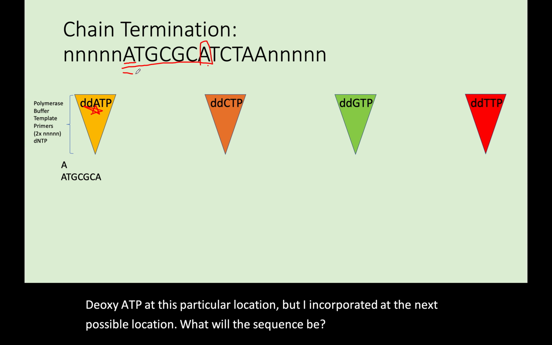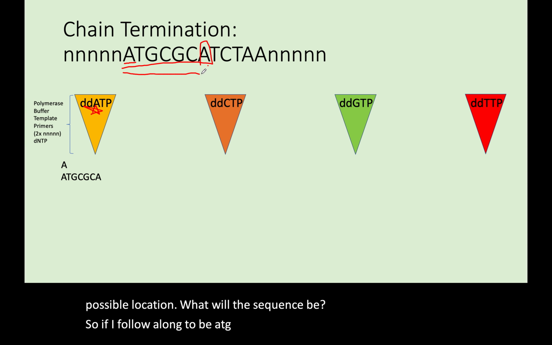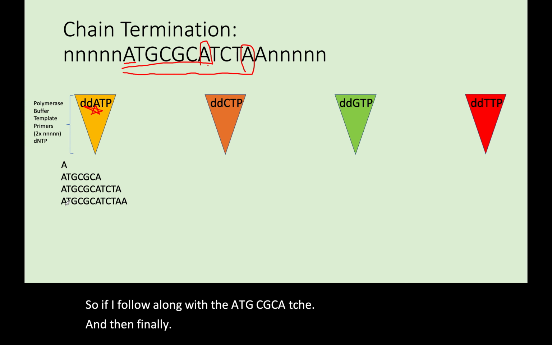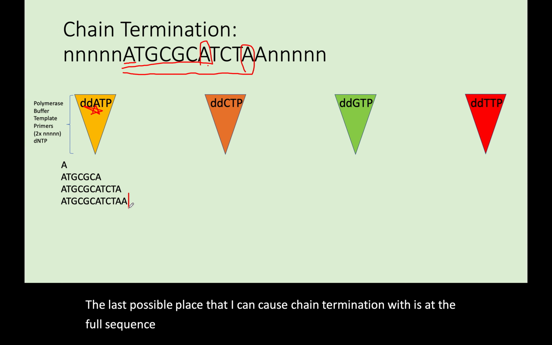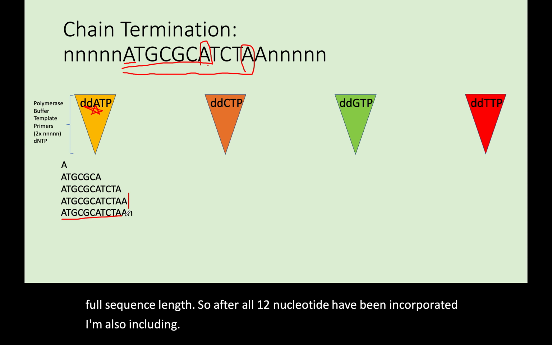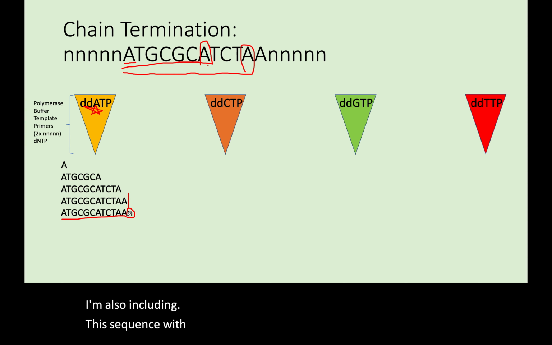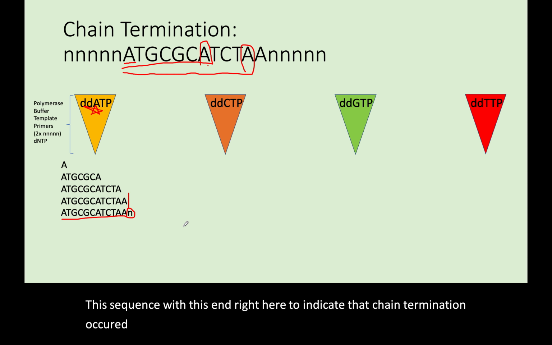So if I follow along, it'll be ATG, CGC, A, TCTA, and then finally, the last possible place that I can cause chain termination with A's is at the full sequence length, after all 12 nucleotides have been incorporated. I'm also including this sequence with this N right here to indicate that chain termination occurred after the 12 nucleotides of interest have all been synthesized.